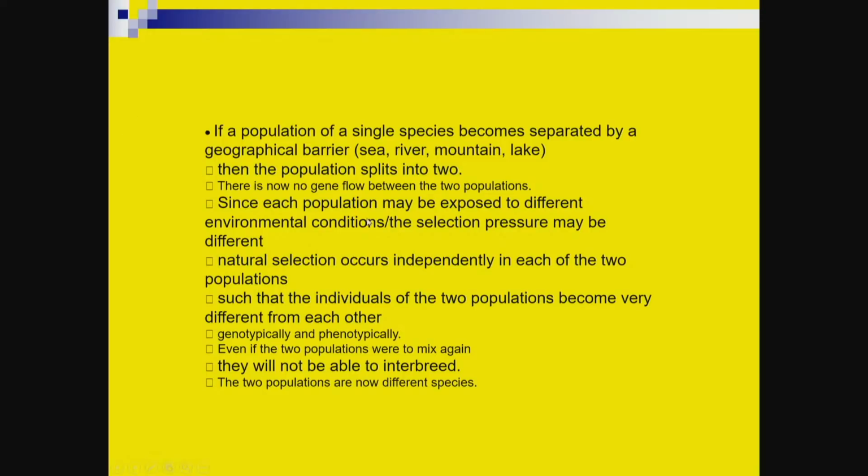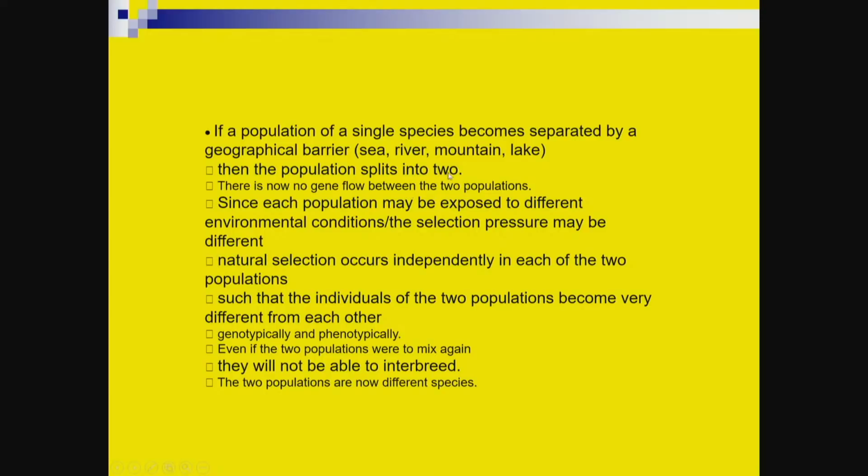Maybe in the example they will state the different environmental conditions. They will say the northern islands are very cold and the southern islands are very warm, and then you state this and say they are exposed to different environmental conditions.